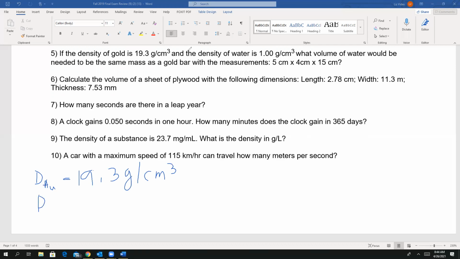Density of water, so we'll just say dW is equal to 1.00 grams per centimeter cubed.